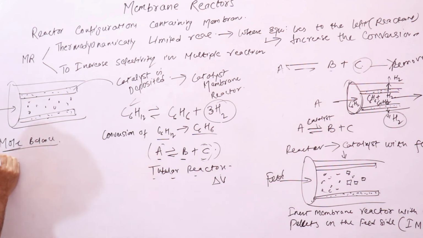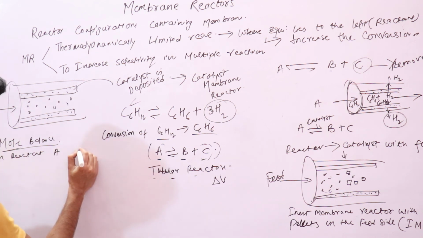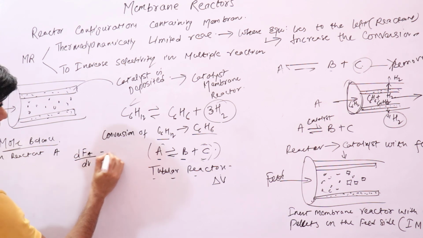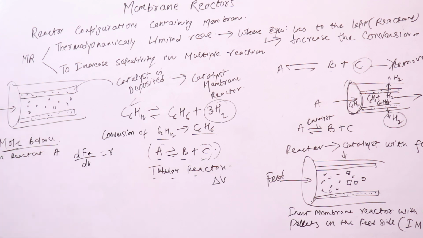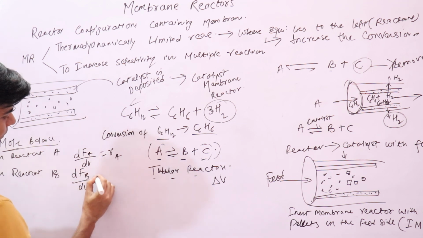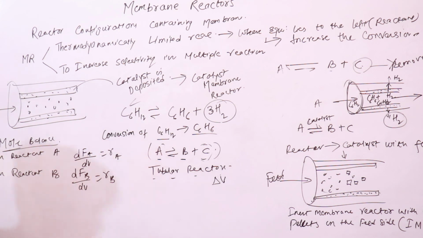So when we do the mole balance on reactant A, we will get dFA upon dV is equal to RA. Similarly on reactant B, we get dFB upon dV equals RB.